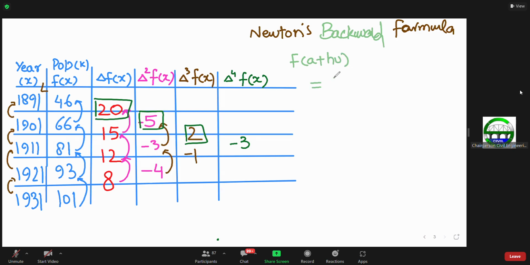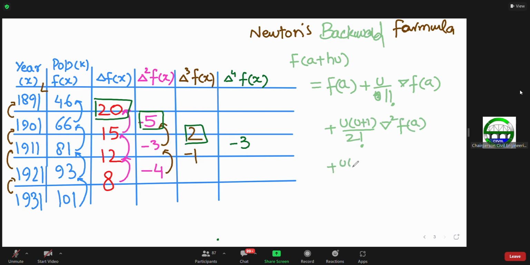It will be equal to f of a plus u over 1 factorial into nabla f of a, plus u plus 1 over 2 factorial nabla square f of a. Now it will be plus, not minus.